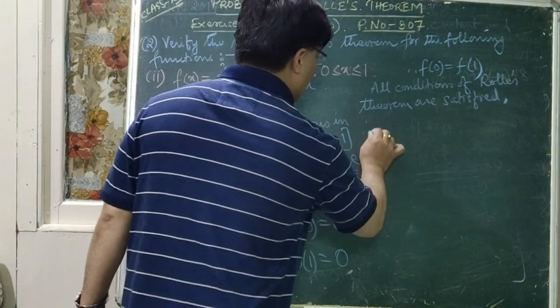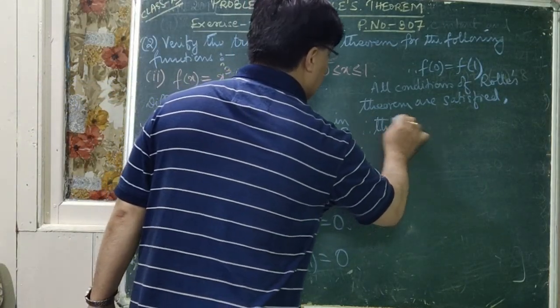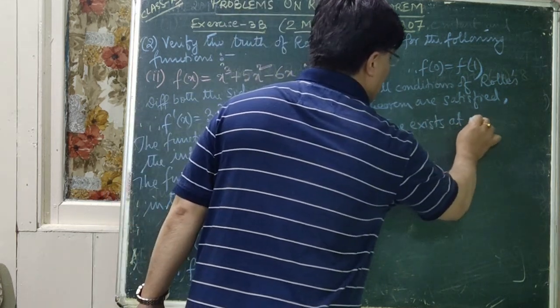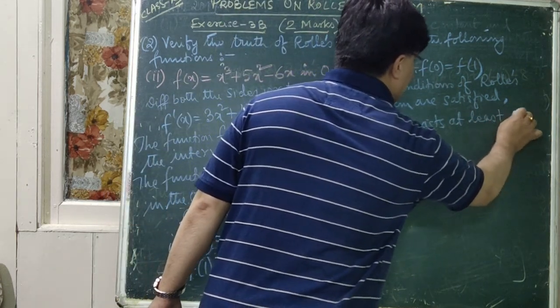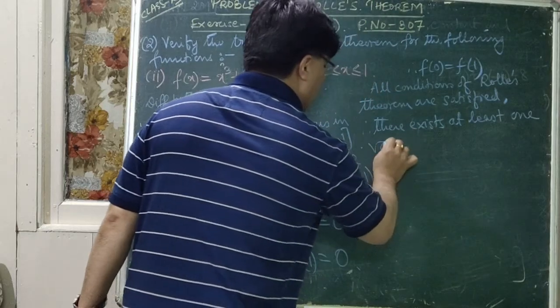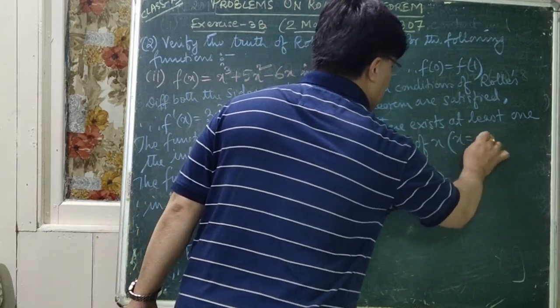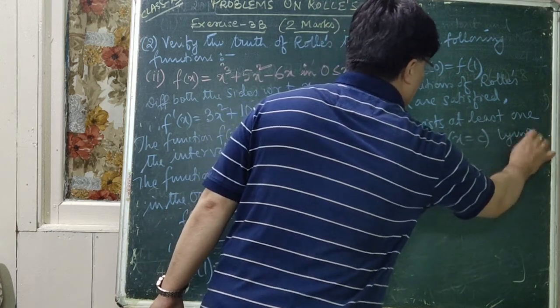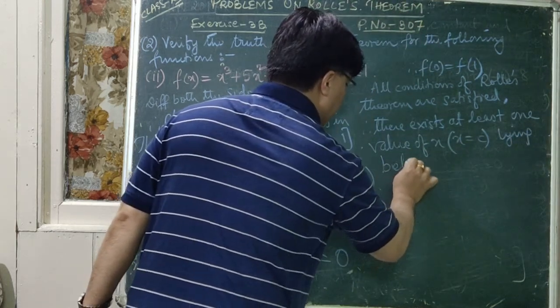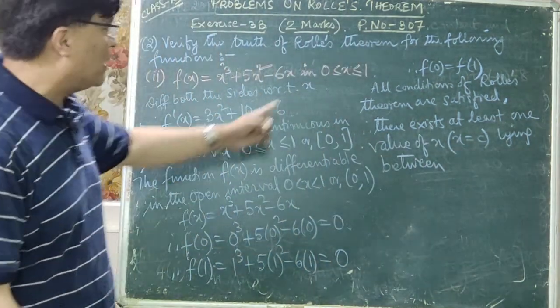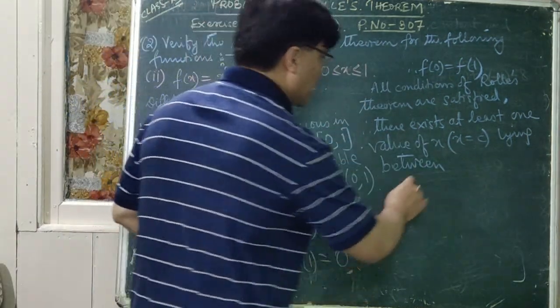Therefore, there exists at least one value of x, x is equal to c, lying between a and b. What is a and b out here? 0 and 1.